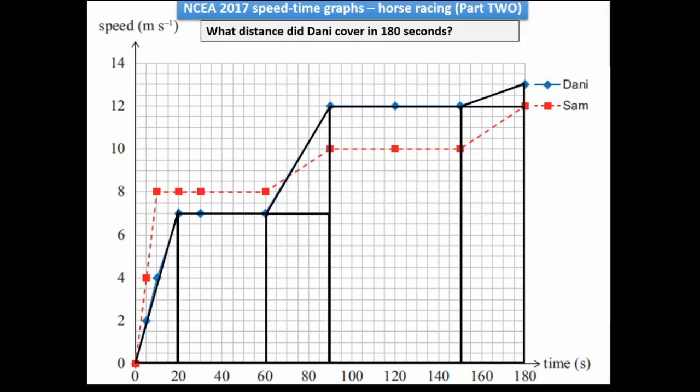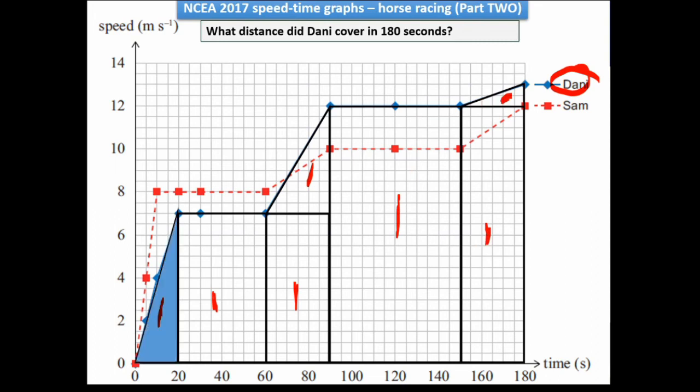Now, just for interest's sake, I want you to please pause the video and let's do the whole of Danny's trip. So we've got this triangle, this rectangle, this rectangle, this triangle, this rectangle, that triangle, and this rectangle. But before you start, let me just show you how to break it down and make it a simpler task for you.